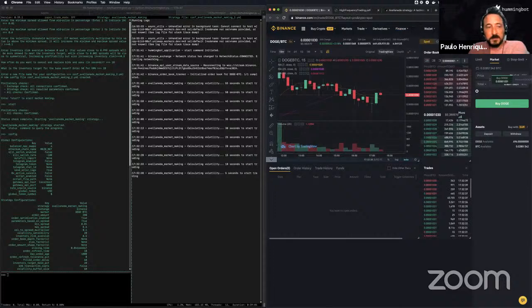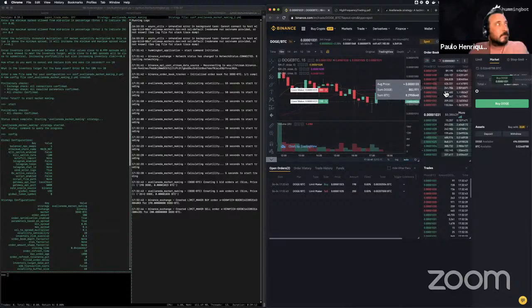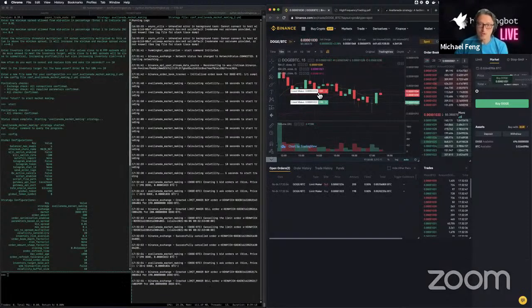There you go. Those are the 2 orders. So I see why you asked me to do the TradingView, because it shows the orders here on the charts. So you can see them relative to where the prices have been over the past few hours. That's really cool.